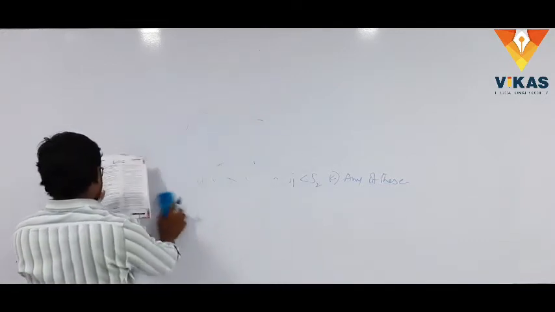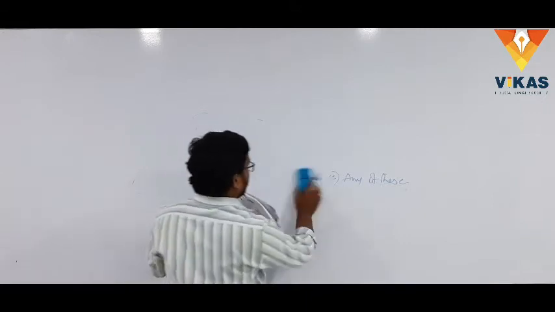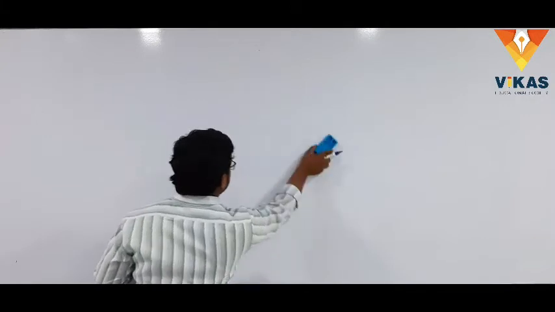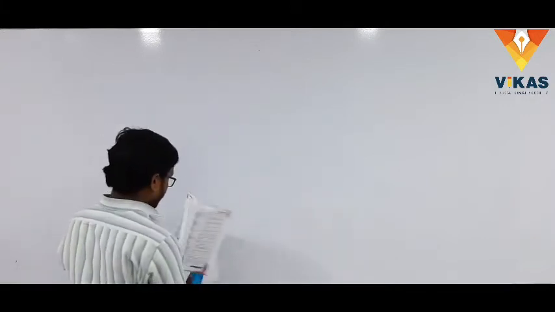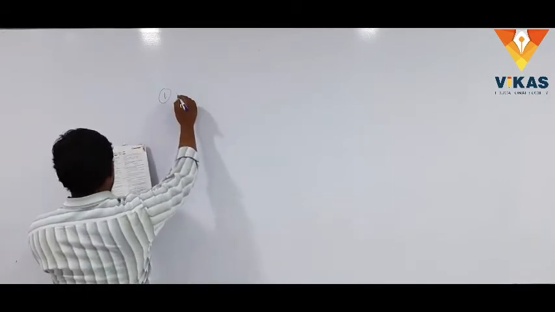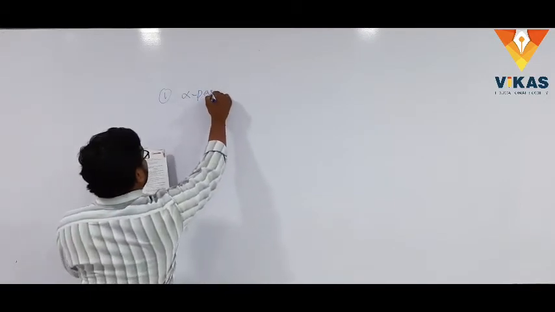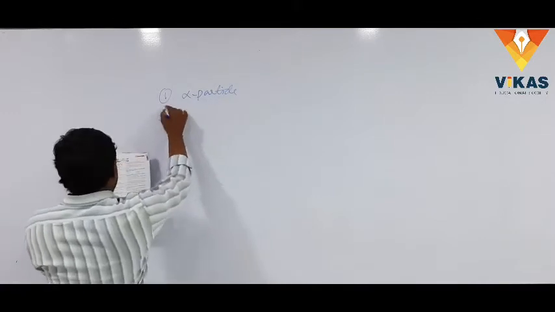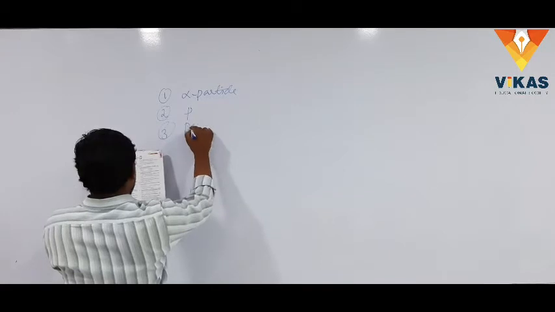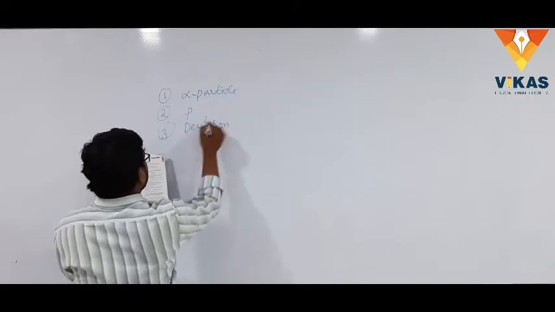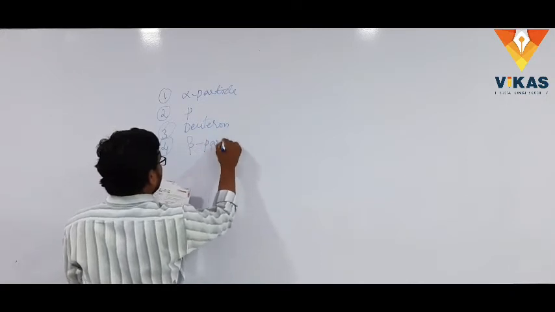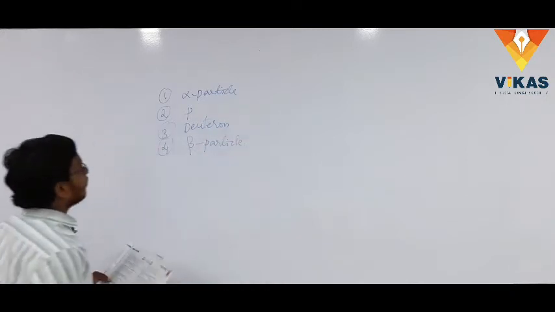We will take the next question. The massive particle among the following is. Right. So the options given are, first one, alpha particle, the second one proton, third one deuteron, fourth one beta particle, right?